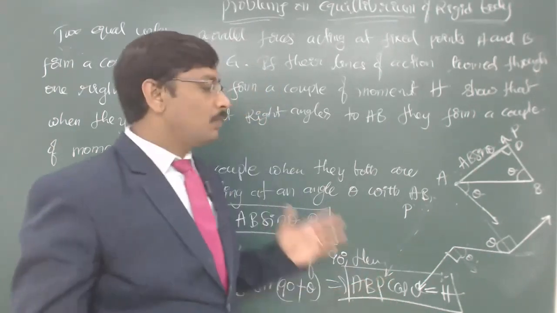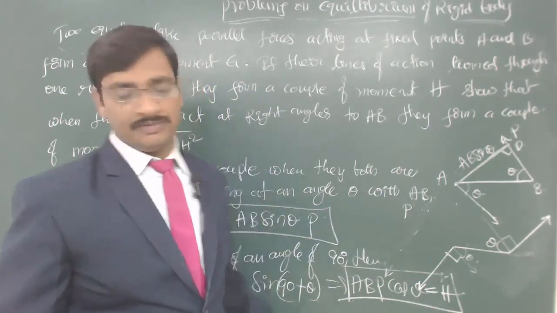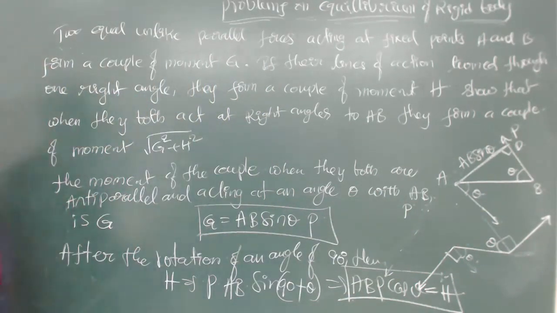Now when they both are at right angles to AB, then the new moment will be, so first you note down this, we are going to calculate that. Note it down. Okay.